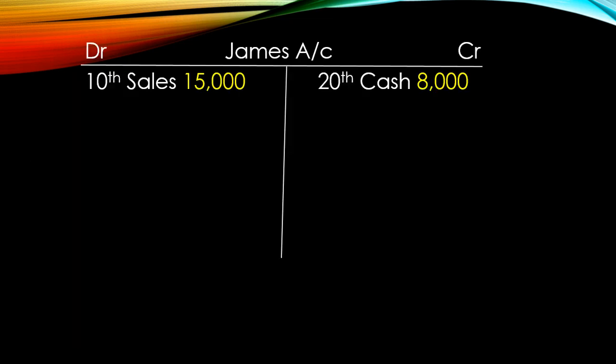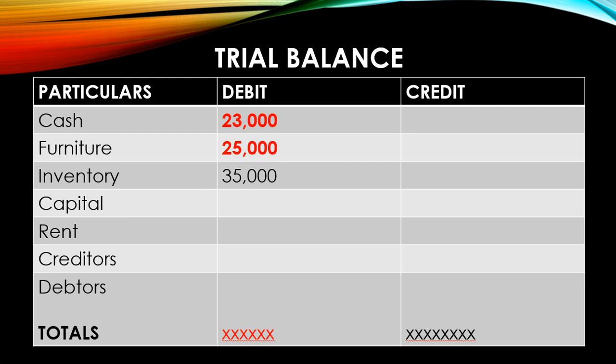Then James, you balance for James. At first, James was our debtor, and he paid us 8,000. I think he owes us 7,000, and being a debtor, 7,000 on the debit side.